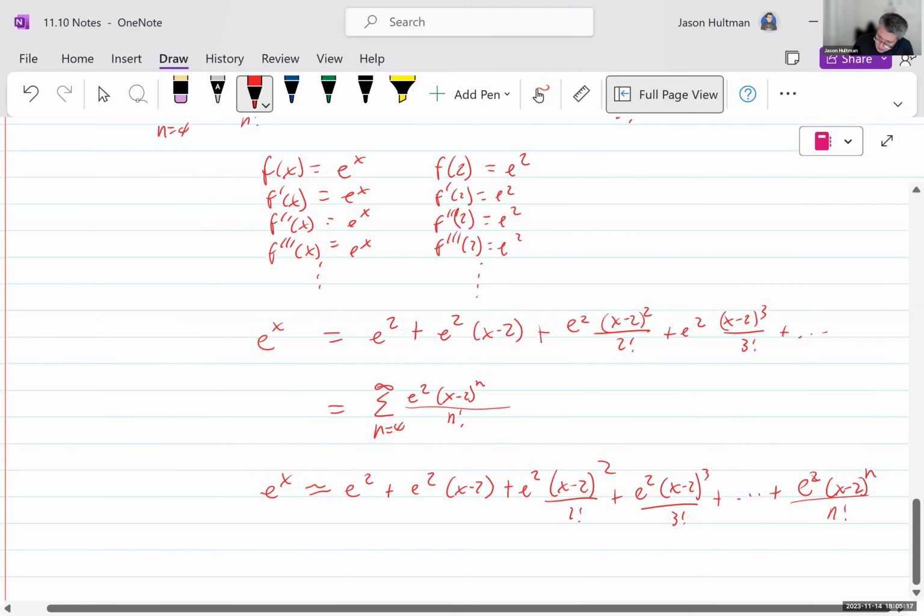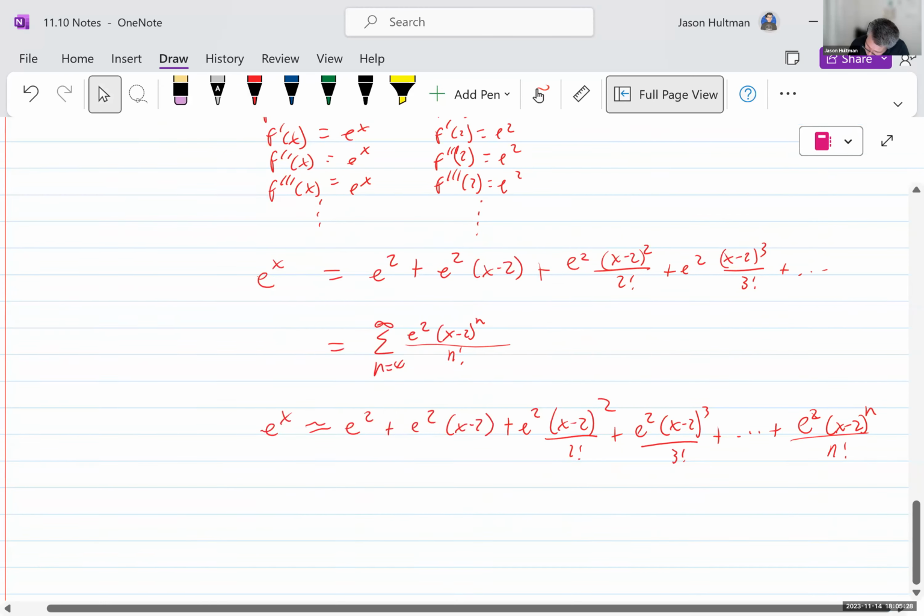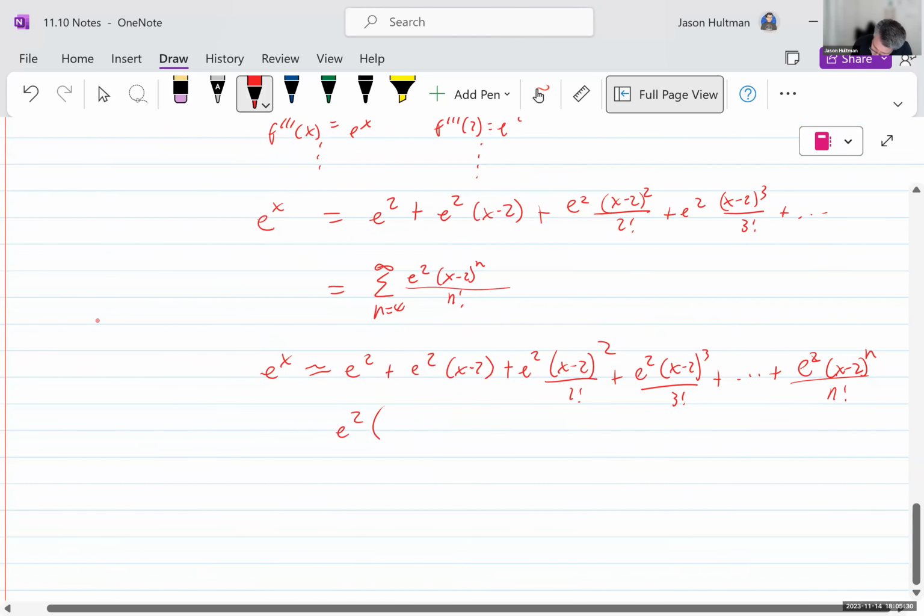Okay, and we can see what would happen if I factor out an e to the second power here? Couldn't I just put that in front? And I would get 1 plus x minus 2 plus x minus 2 squared over 2 factorial plus x minus 2 cubed over 3 factorial, right?